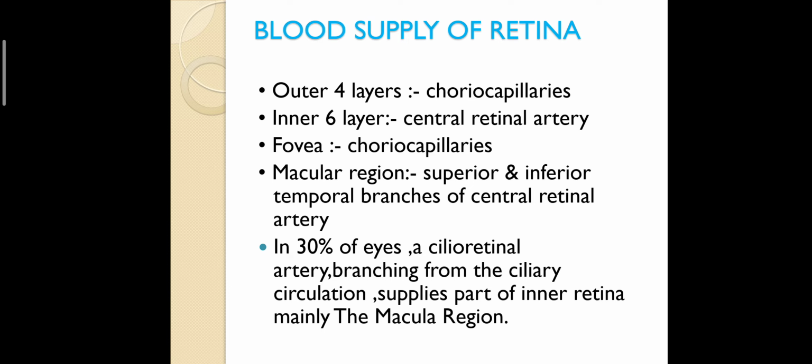So people having cilioretinal artery are at less risk of completely losing eyesight if there is an artery occlusion. So macular region is supplied by superior and inferior temporal branches of the central retinal artery, whereas the fovea, that is 1.85 millimeter of the center part of the macula, is supplied mainly by choriocapillaries.